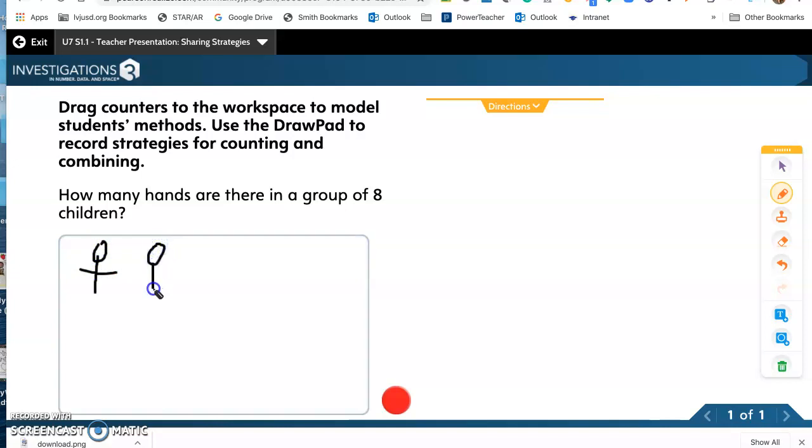Let's try that. I'm going to draw 8 quick people. Remember, this is an art class, so it doesn't have to be beautiful. I'm sure your drawings are much better than mine.